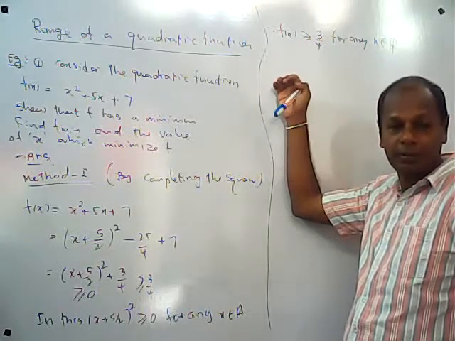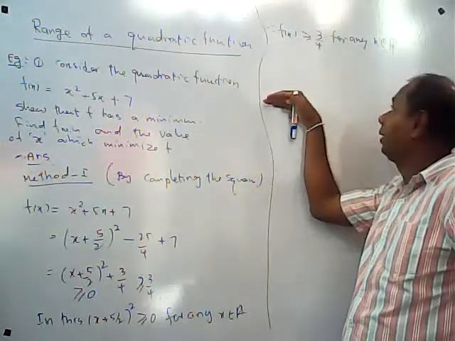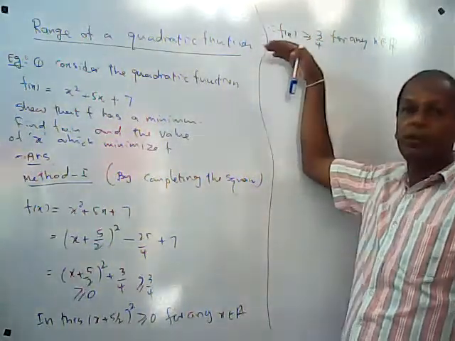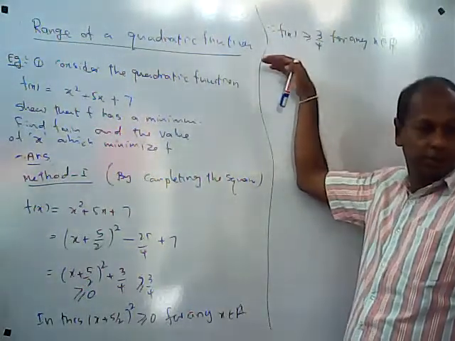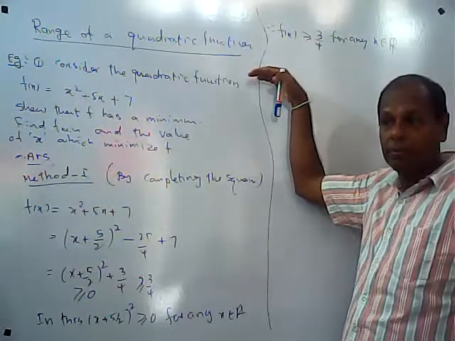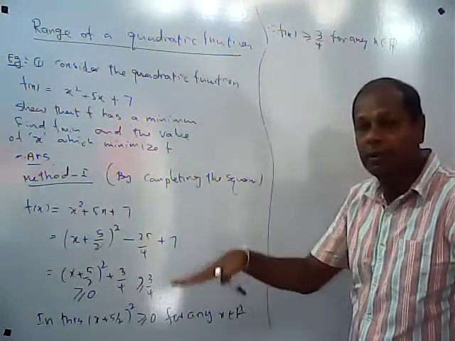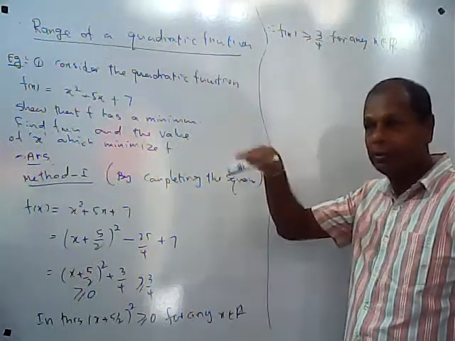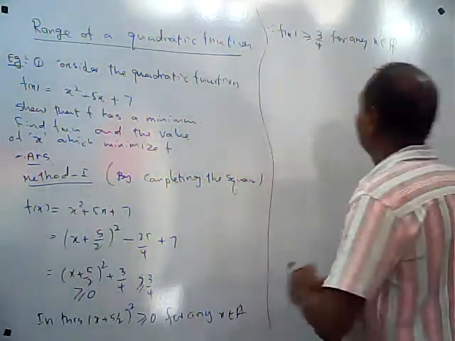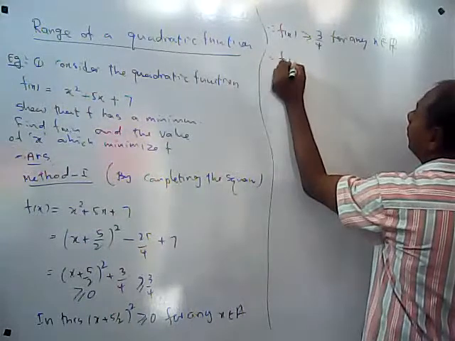It can be equal to 3 over 4, or it can assume anything above that. Then that means this function has a minimum. It can't get any value below some level. Therefore, it has a minimum.